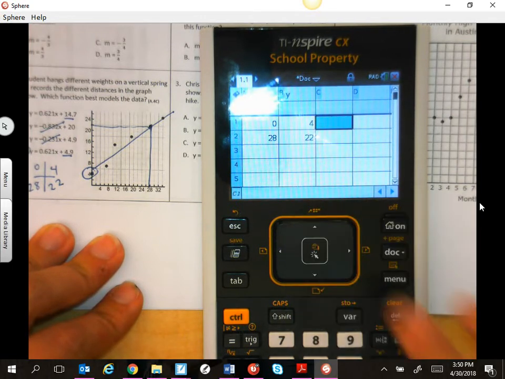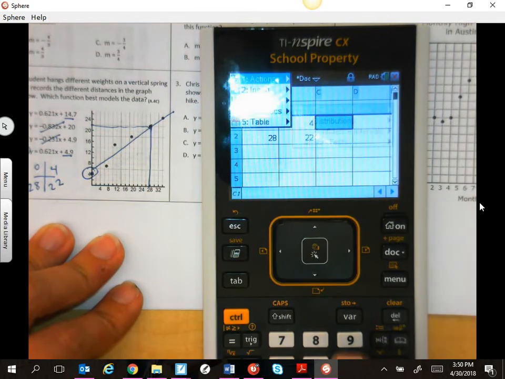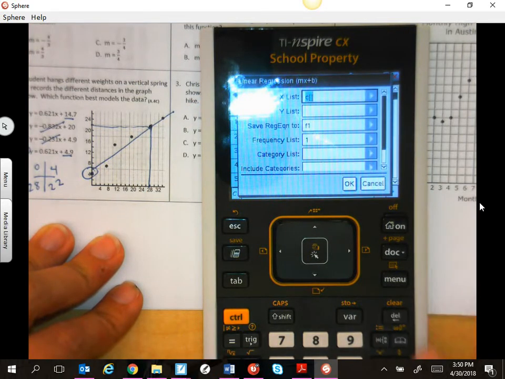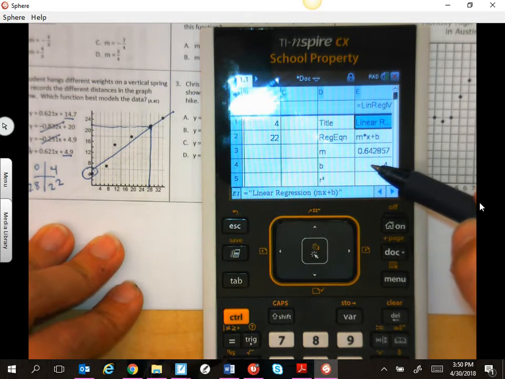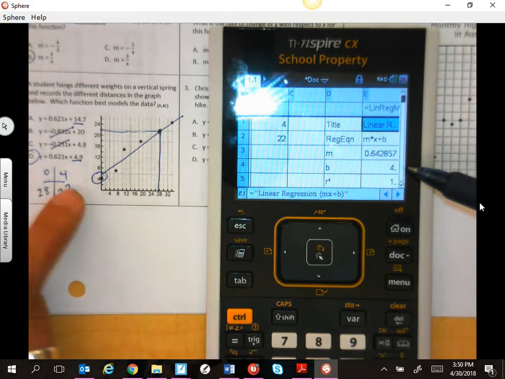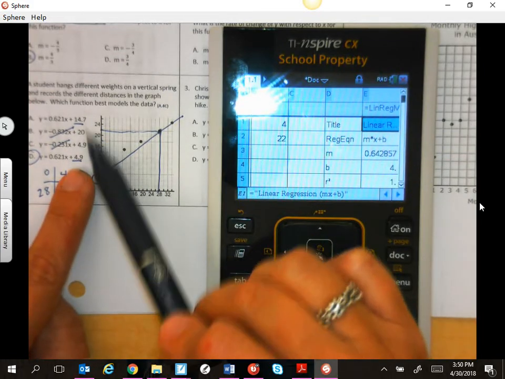It is linear, we know that because it makes a line. Menu 4, 1, 3, X, Y. So we can write this equation, and it says 0.064 plus 4. So you can see there the B's are completely different.